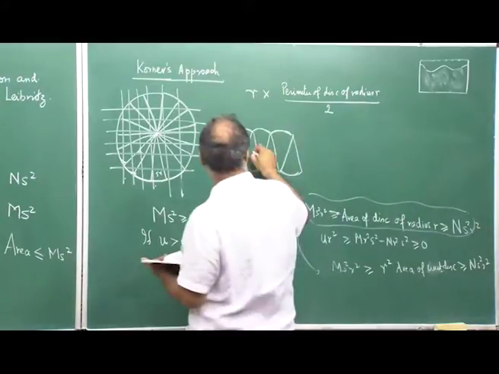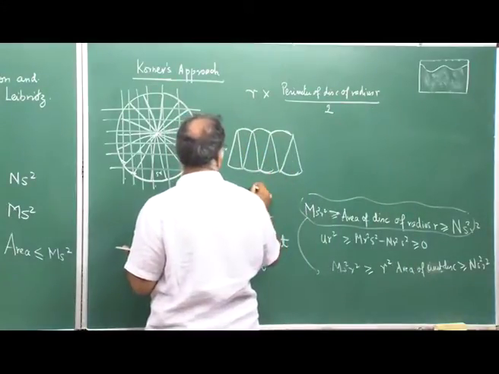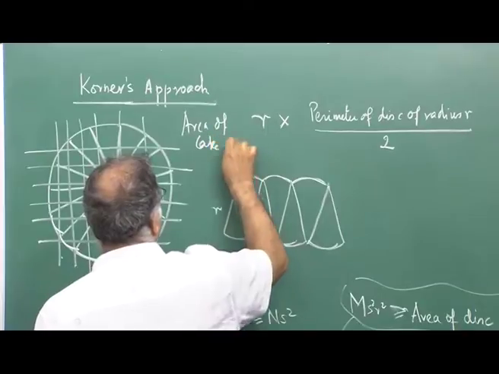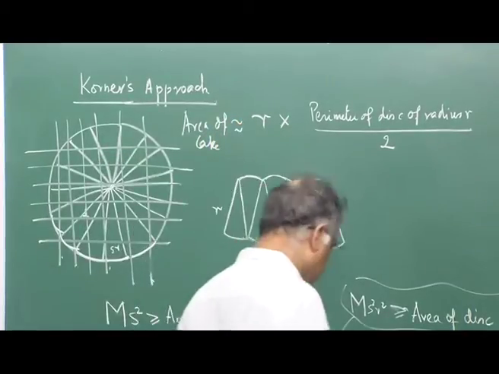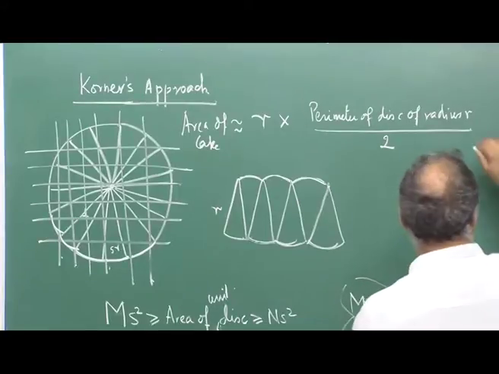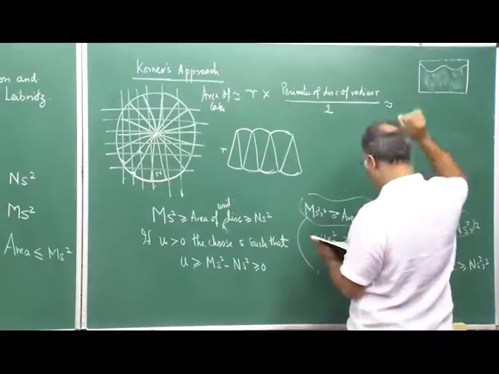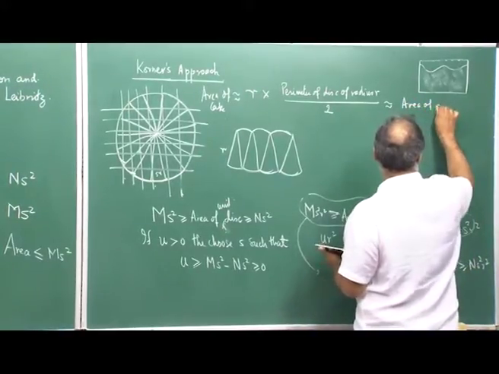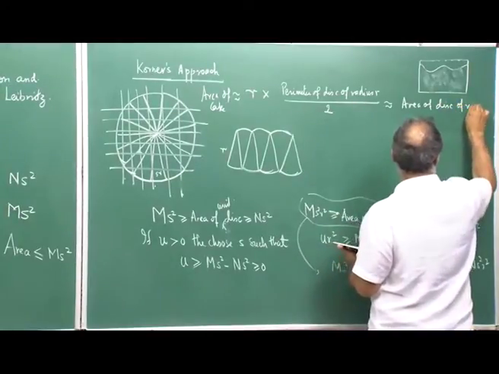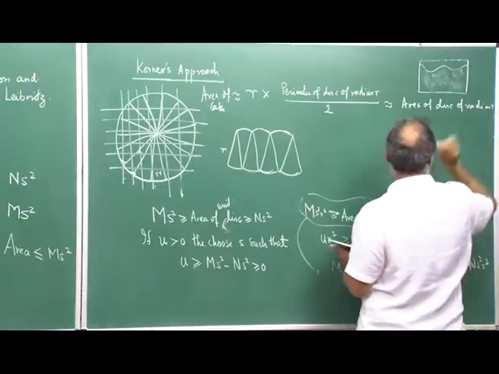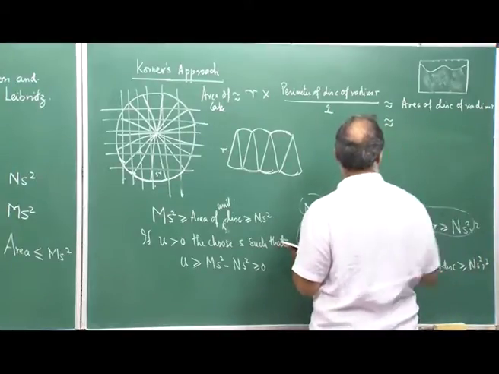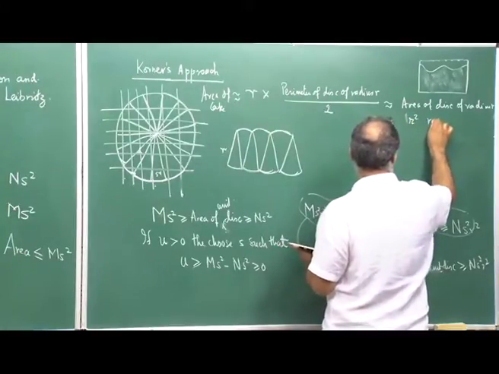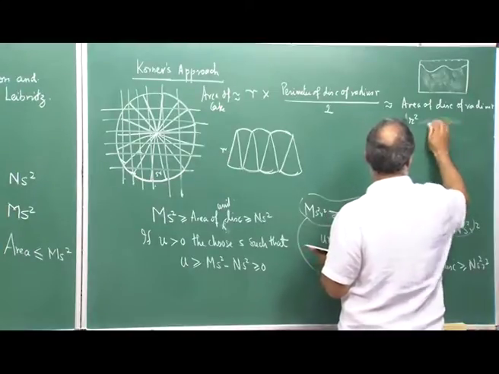So, area of this part I can call this as area of cake, say area of cake is roughly this, but this is nothing but the area of, the product of the sides of R. So, this is roughly the area of disc of radius R. Now, this is nothing but r square into area of unit disk.